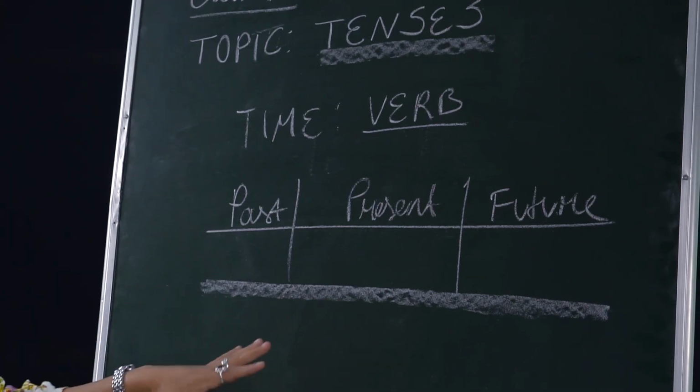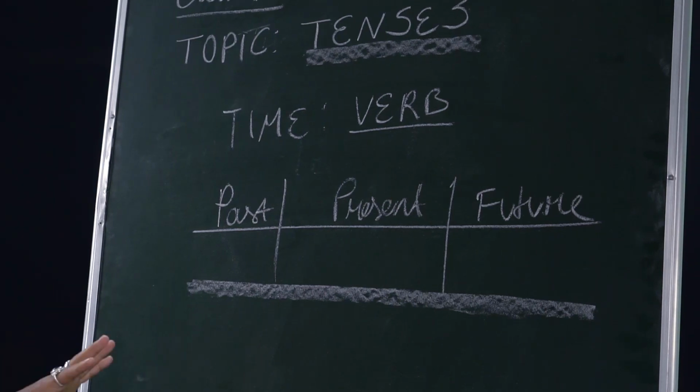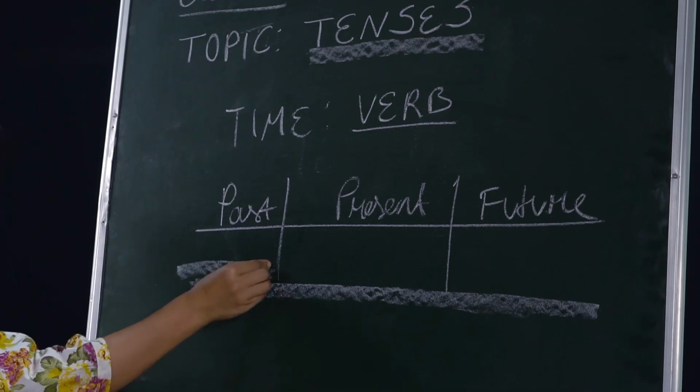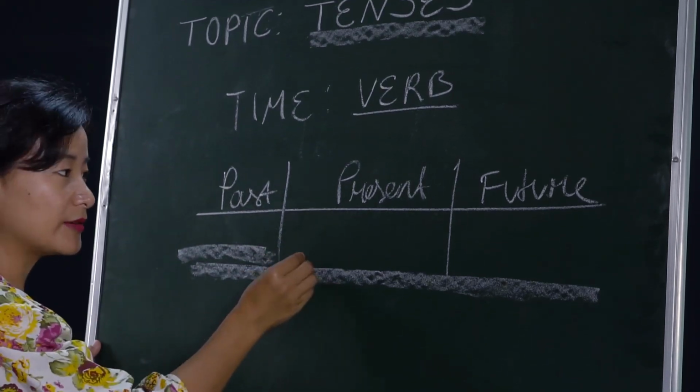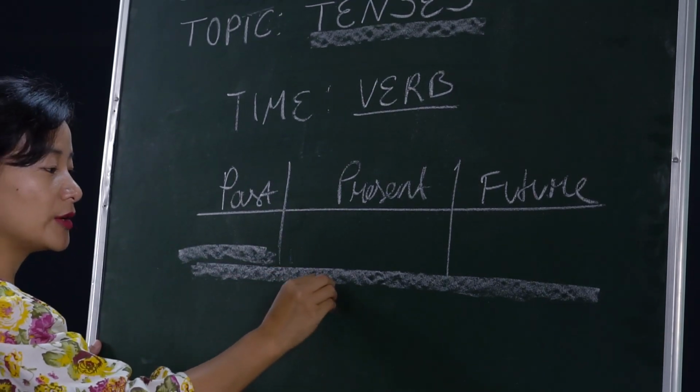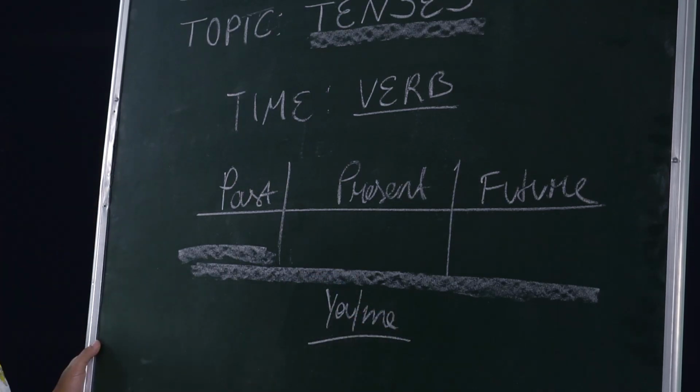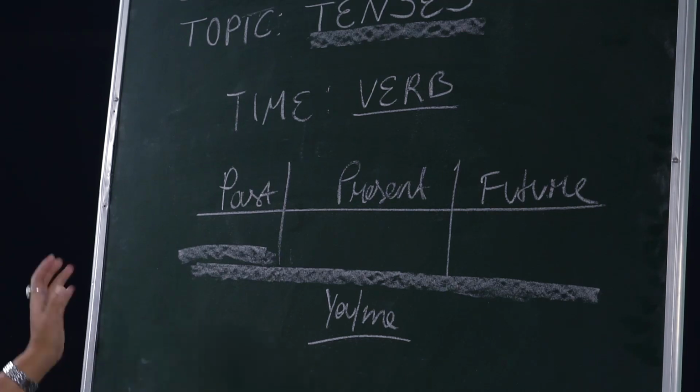Using this timeline, when we say an action took place in the past, we mean it happened in the past. And in the present, I need you to write down you, or you can also write me, all right? In the present, you write down you or me. We are always in the present.